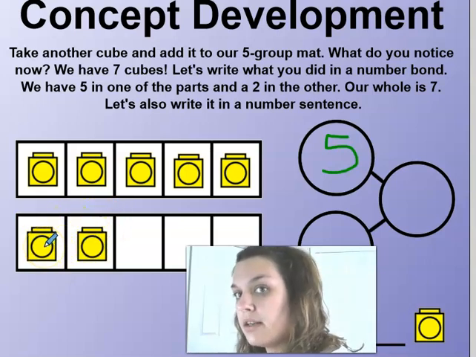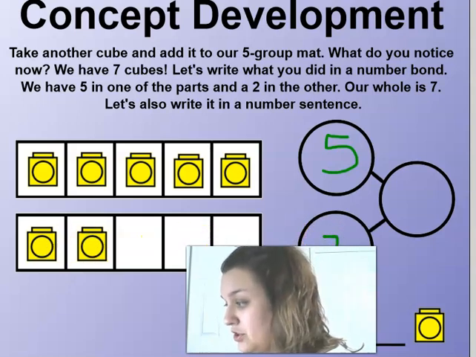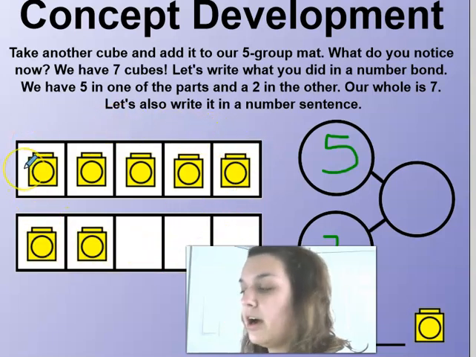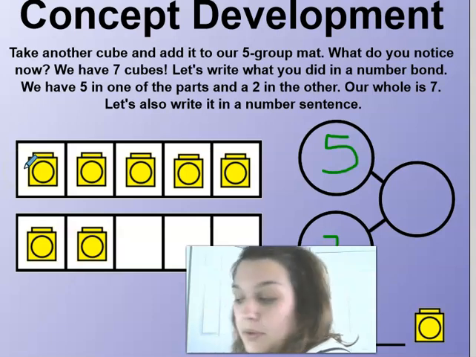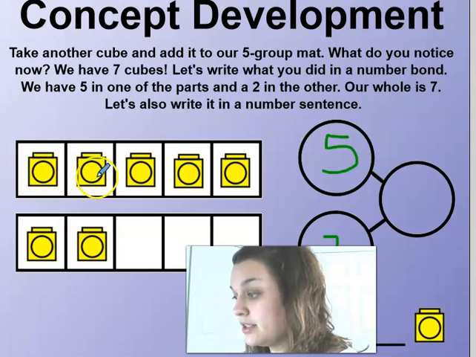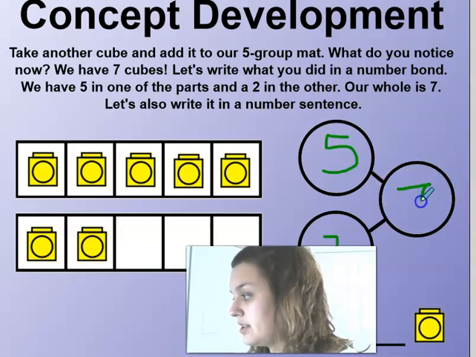Write that in your number bond. Very good. 2. And then all together, I want you to pause me and figure out our whole. Go ahead. Great, let's count our whole. 1, 2, 3, 4, 5, 6, 7. 7 is our whole.